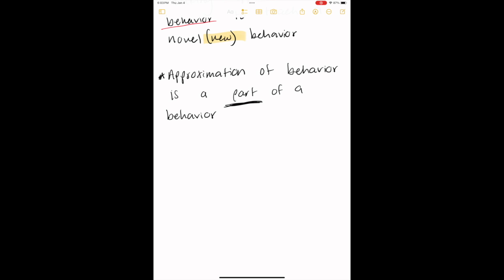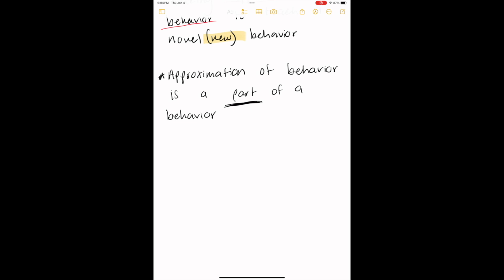Can we give them words that start with G? Like, say go, right? Maybe we could put the word go. And so the approximation is the G sounds that you're hearing.